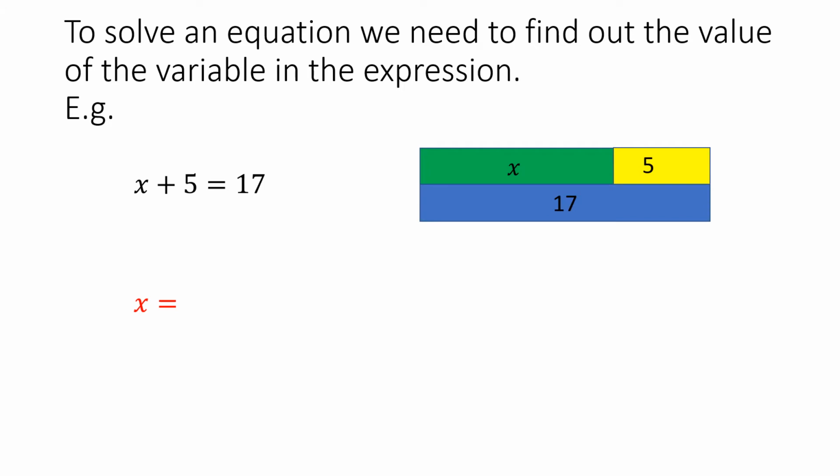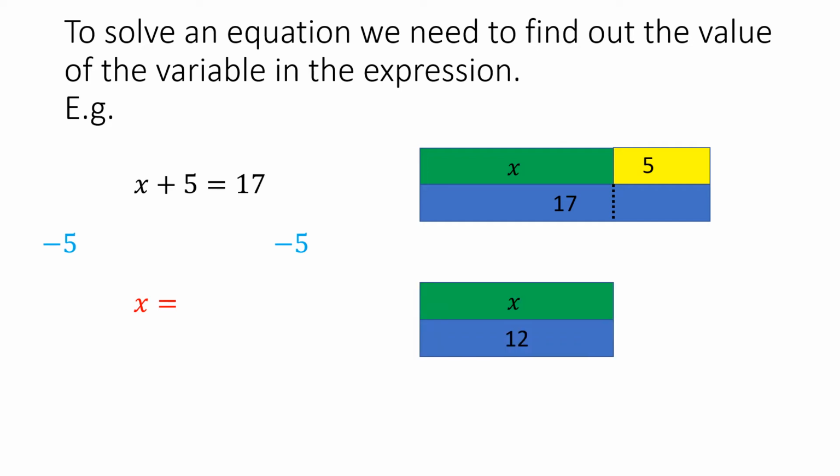Now we can see clearly that if we chop off that 5 from the top and the bottom of the bar model, which is the same as subtracting 5 from both sides of our written equation here, then you can see that we will be left with x on its own being equal to 12, because if we have x + 5 - 5, we have x on its own, and then on the other side of the equal sign we've got 17 and we're subtracting 5 from that, which is equal to 12.